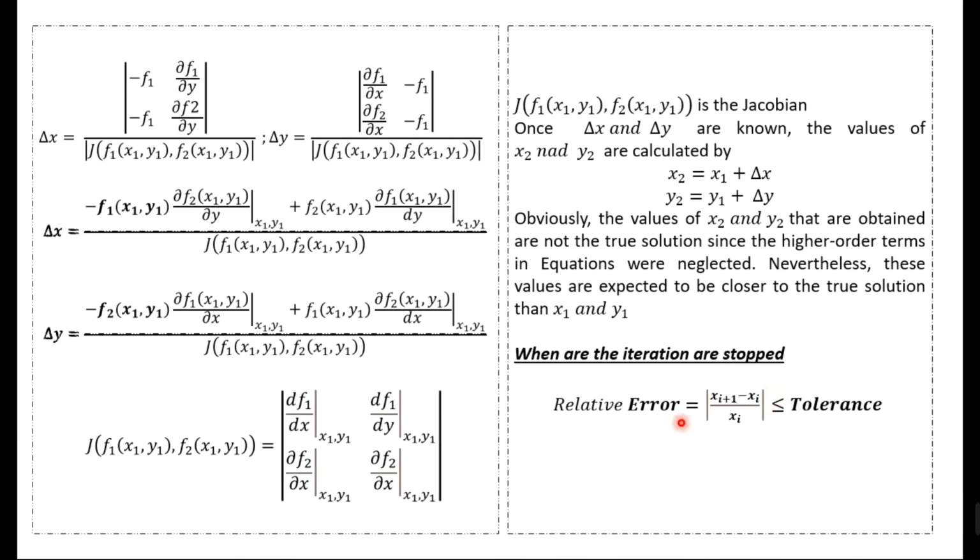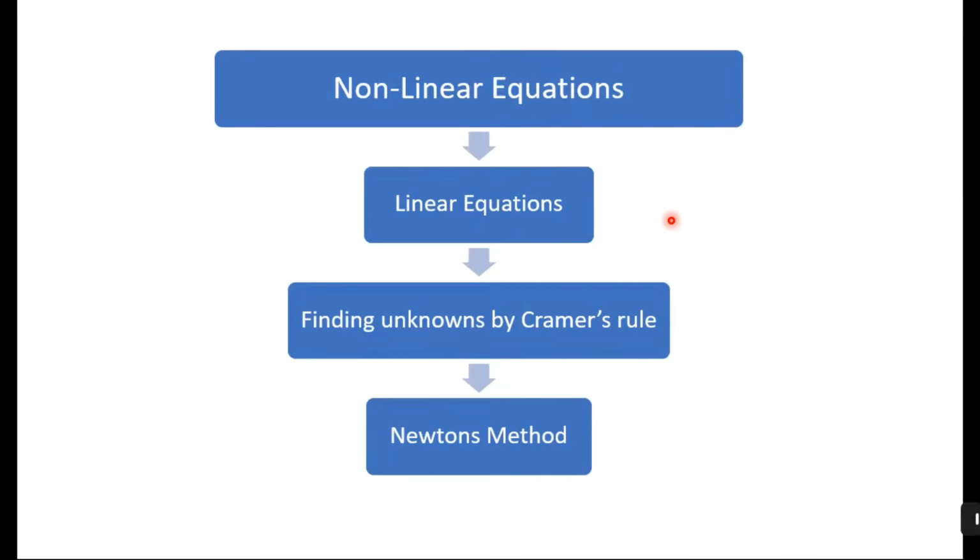When we obtain this situation, then the iterations will stop. So here we have the main key points of what we do in Newton's method for finding a solution of nonlinear equations.